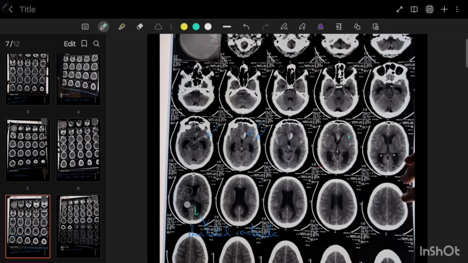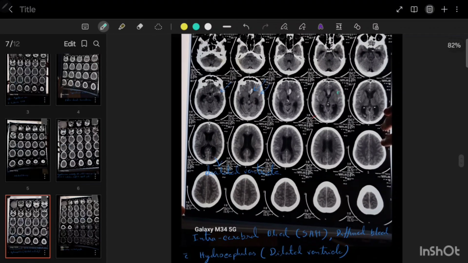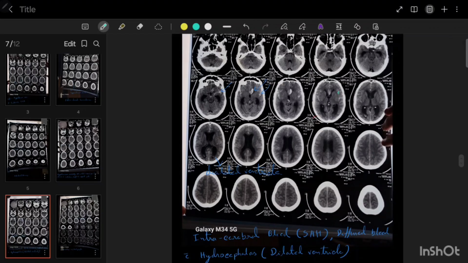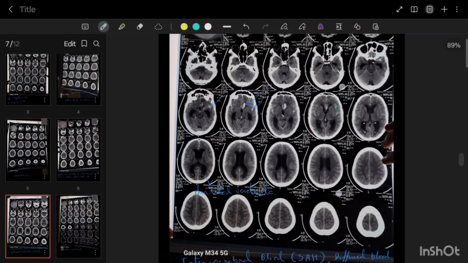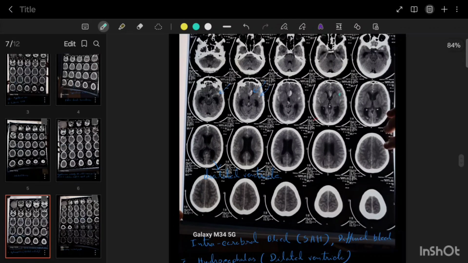So what is the diagnosis? This CT scan plate denotes a diffused bleed. It is probably an intracerebral bleed or subarachnoid hemorrhage, and here you can find a diffused bleeding with hydrocephalus, meaning the dilated ventricles.